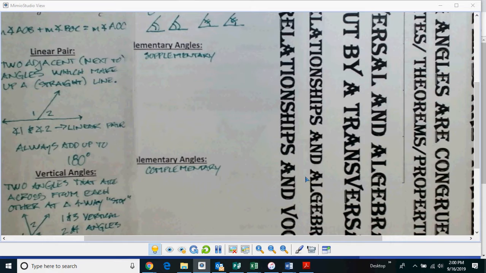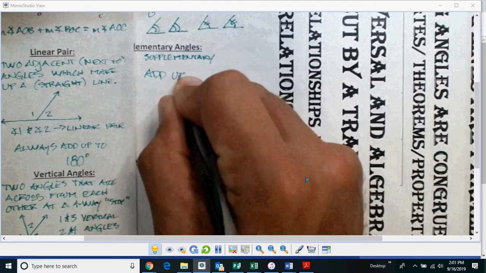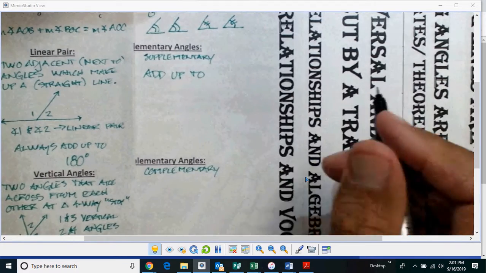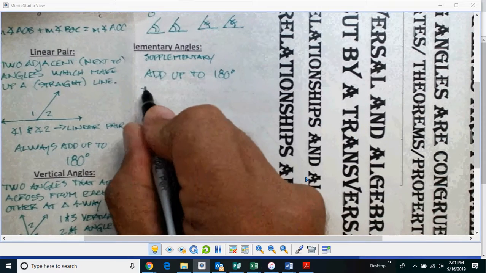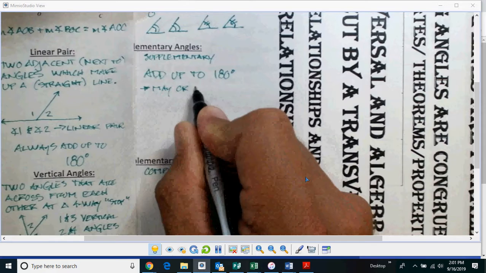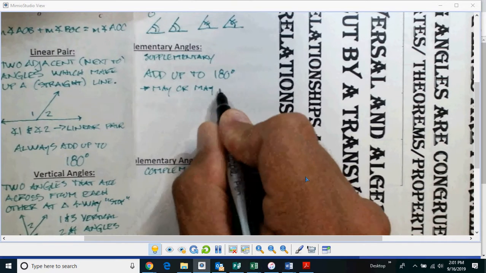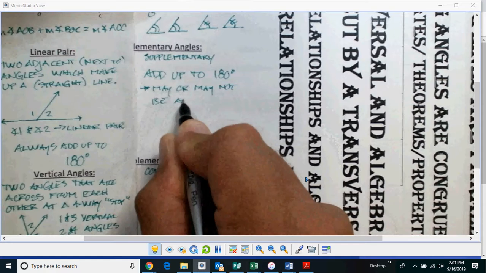Anybody remember? They add up to 180. Yes. And they may or may not be adjacent.